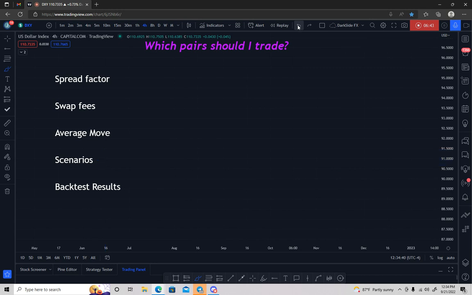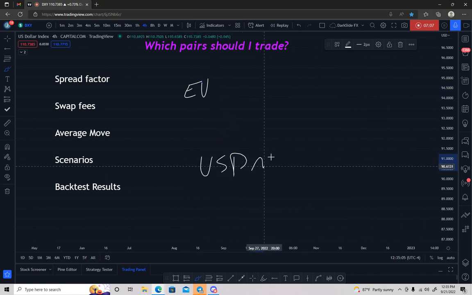Scenarios is a huge thing for me, because I don't really care about the pair that I'm trading. I'm looking for a familiar scenario that I've back tested 1,000 times and seen it play out in a favorable result based off of my bias overall. So if I see something happening that looks good to me on EU, and I see that same thing happening on USD Mexican peso, that's an exotic pair.